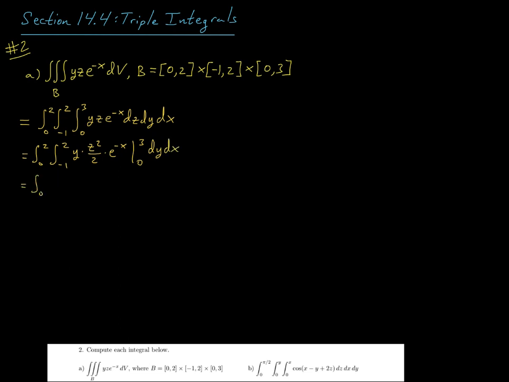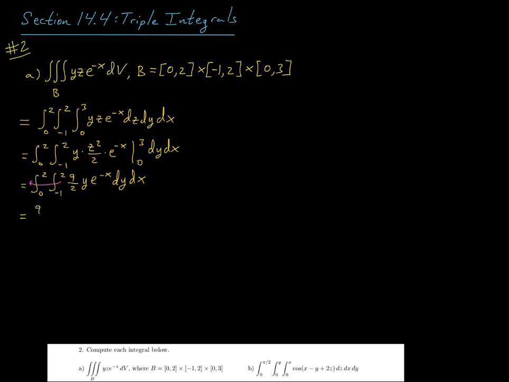So now go ahead and evaluate at z equals 3, and that's going to give you a 9 over 2. So we'll put that here. And if I plug in 0 for z, I'm just going to get 0. So there we have it. I'll pull that 9 over 2 out in front in the next step.